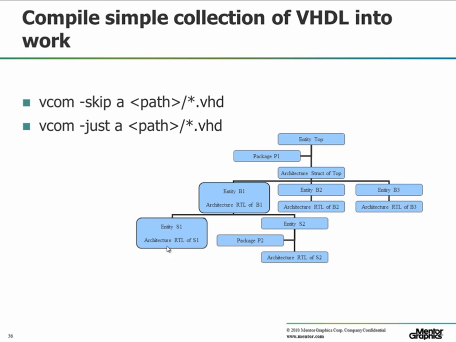What it does is go into each file and say, okay, there's entity S1, compile that. Oops, that's an architecture, skip that part of it. Here's entity B1, compile that. That's an architecture, skip that part of it. As long as there are not a lot of packages involved, this will compile about 75% of the code I get. And I might need to compile the packages separately before I do this.